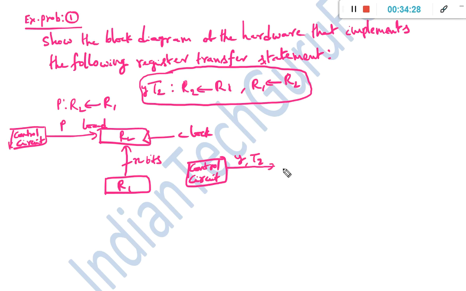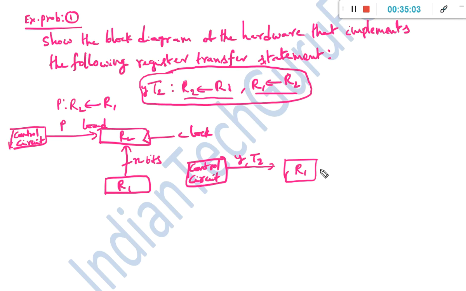So based on the Y as well as T2 values, we need to perform two different operations. What are they? We need to perform moving the content of R1 to R2 as well as moving the content from R2 to R1. Okay. So for that purpose, I am going to consider the register R1.